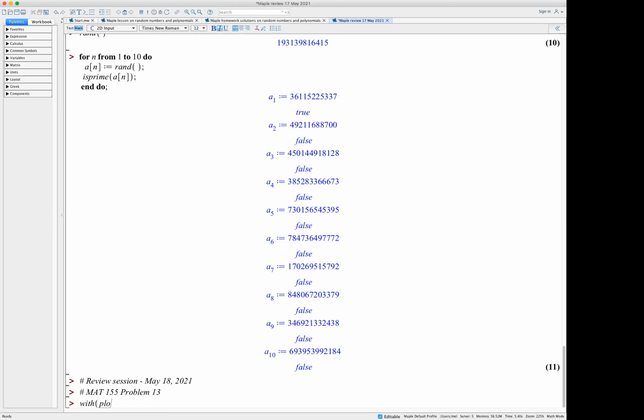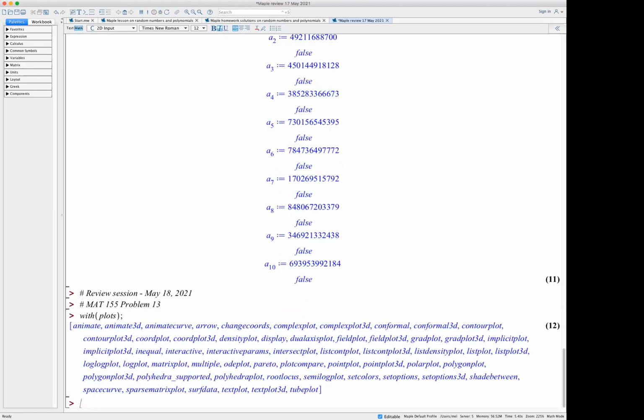So you type with(plots). And now all of these commands are available. And here's implicit plot, so we can use it.